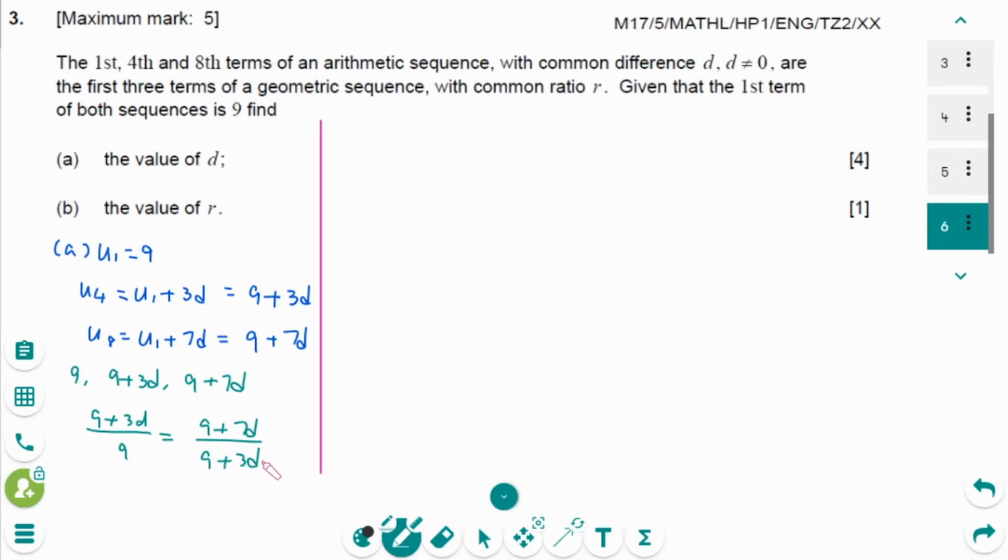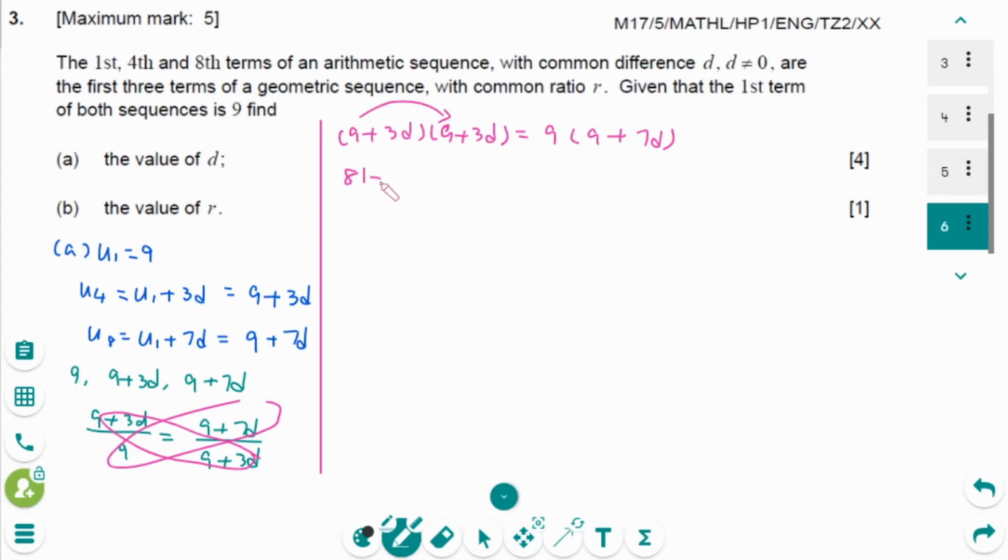Cross multiply. 9 plus 3D times 9 plus 3D equals 9 times 9 plus 7D. 81 plus 27D plus 27D plus 9D squared equals 81 plus 63D.